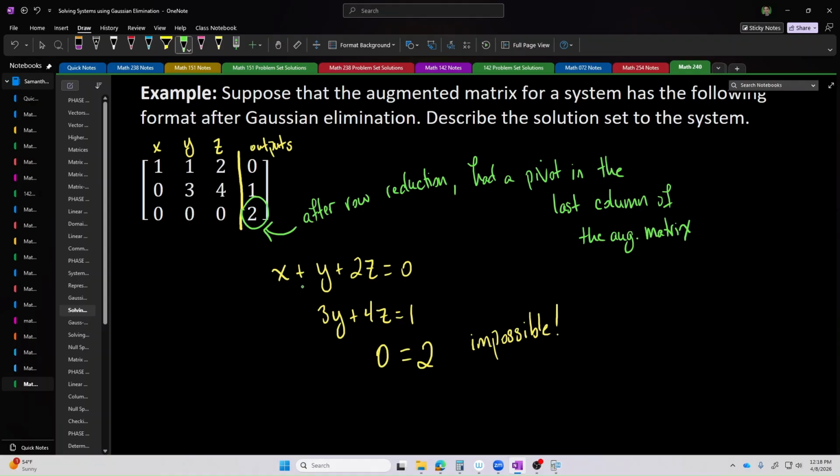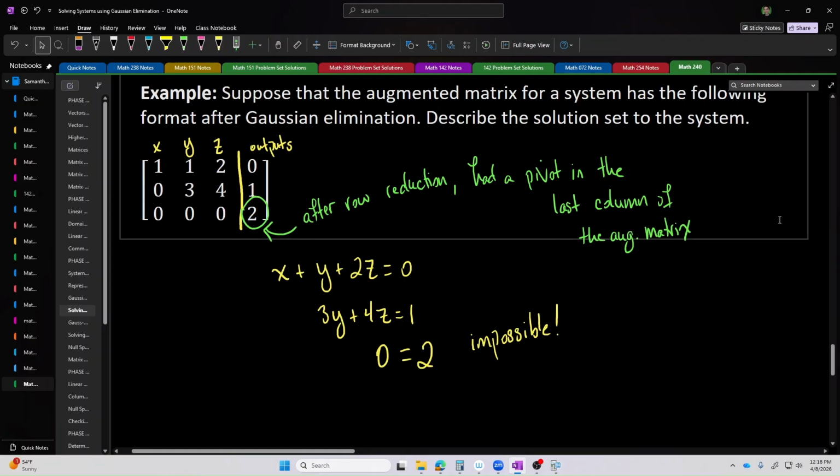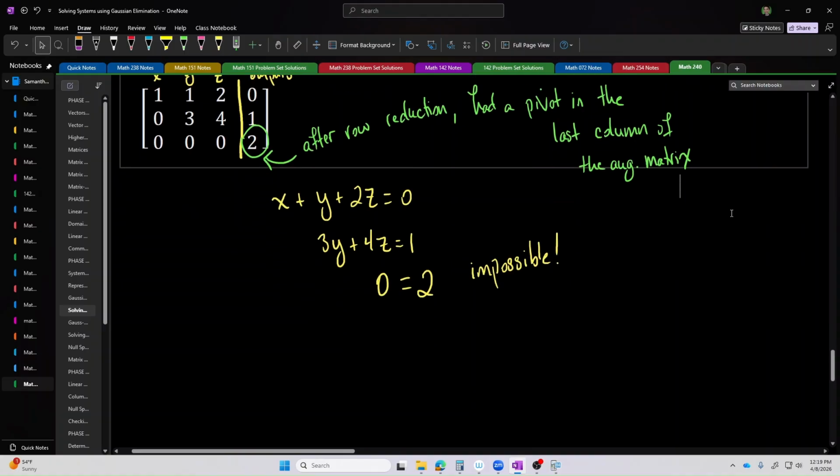And when we ended up with a pivot in the last column of the augmented matrix, this is a huge red flag in terms of the system actually having a solution.